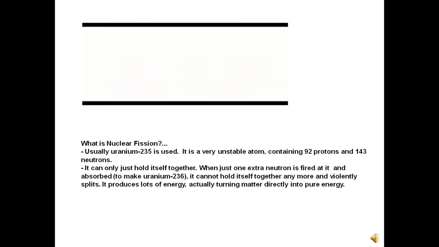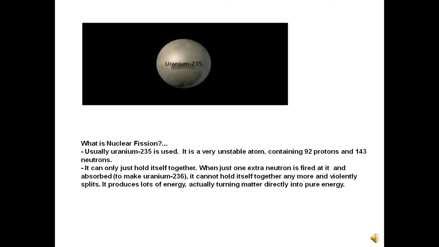The idea is that when the uranium-235 nucleus absorbs a neutron, it becomes unstable, it splits, fissions, and releases energy. Two daughter nuclei, typically barium and krypton, as we'll see in a moment, and two more neutrons.